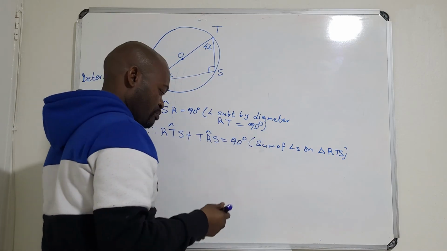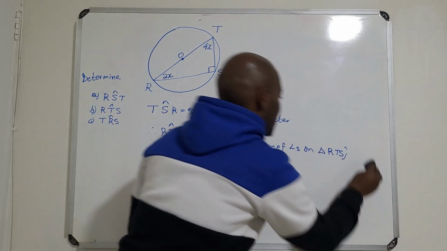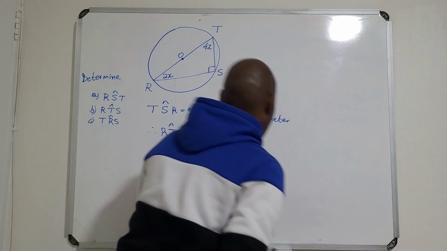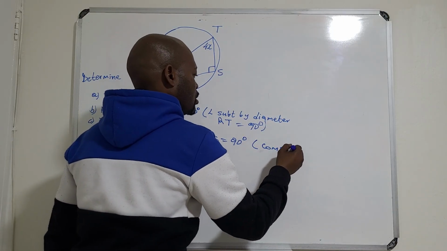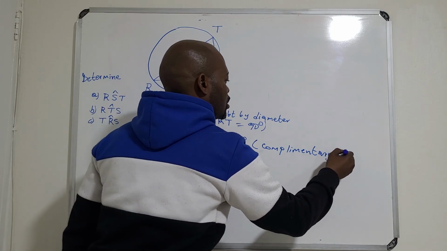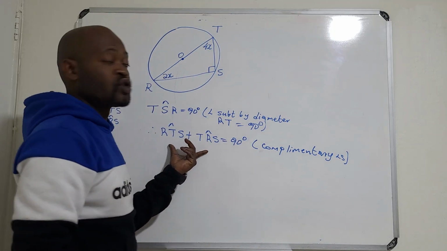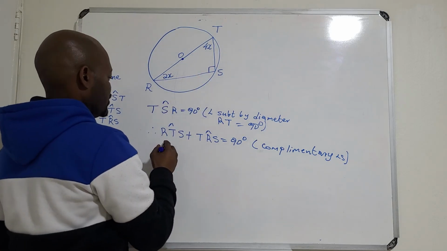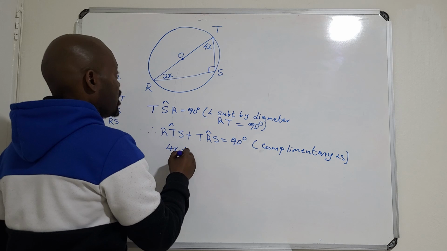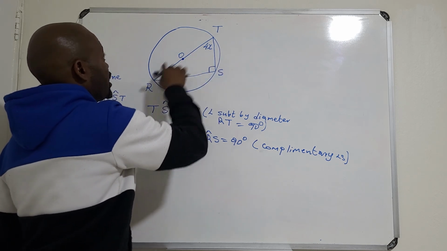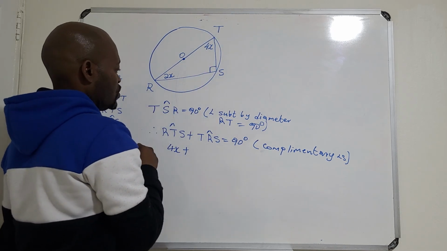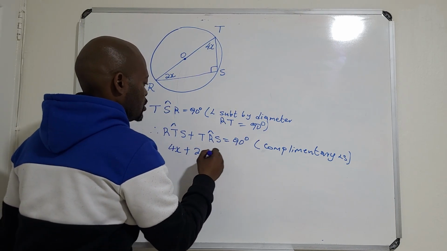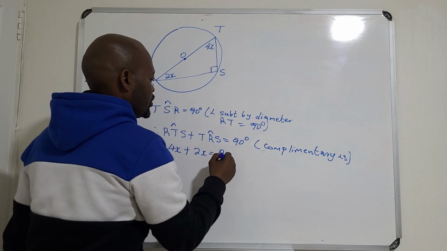Or we can just say complementary angles, which add up to 90 degrees. Now, angle RTS is 4x plus angle TRS, which is 2x, which is equal to 90 degrees.